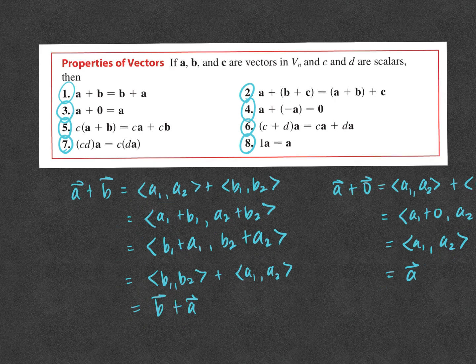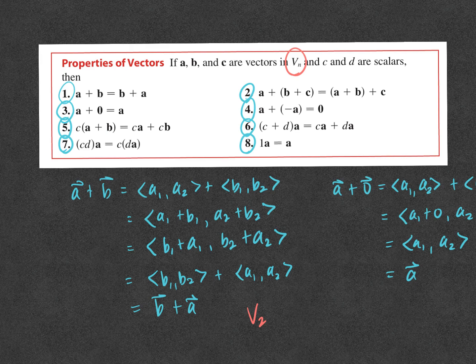Let's go back to the top here for a minute and talk about this right here. It says if A, B, and C are vectors in V sub n and C and D are scalars. I kind of skipped right through that. But when you're working in two space, then we call this V2. So we have vectors in a two-dimensional space.